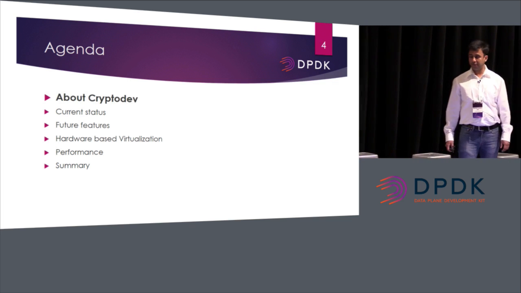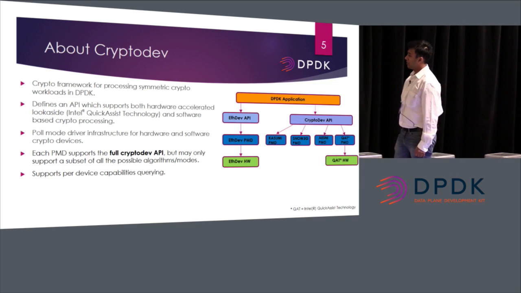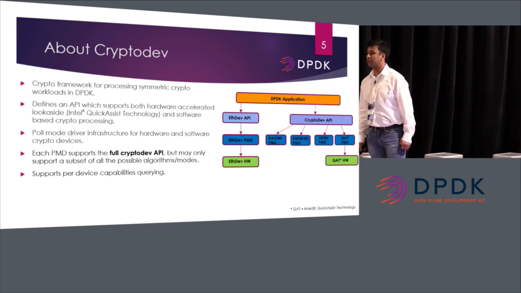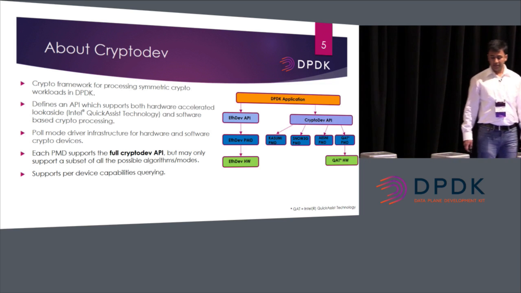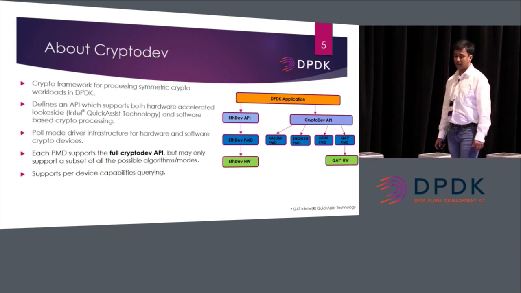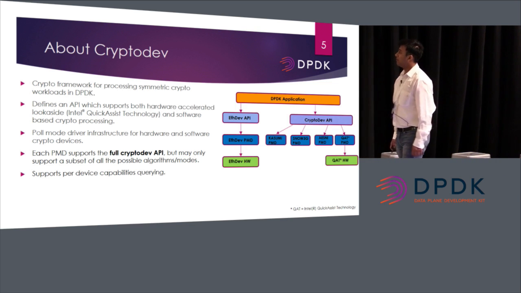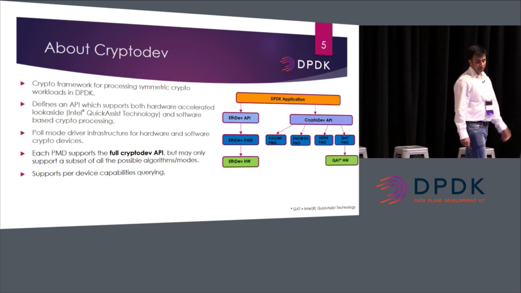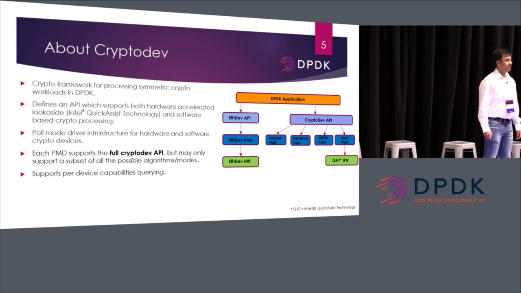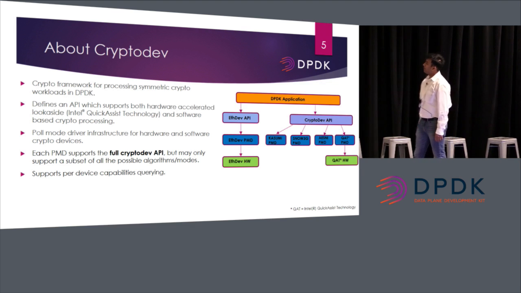Starting with Cryptodev. In short, Cryptodev is a framework which is there to process symmetric crypto requests. You can see in the right hand side the image of a DPDK application. We have the Cryptodev API, and then we have various PMDs. The first three PMDs, Kasumi PMD, Snow3G, and AESNI multi-buffer PMD, are all software-based PMDs.